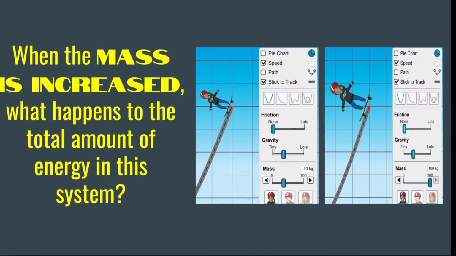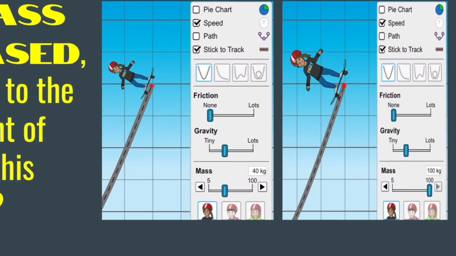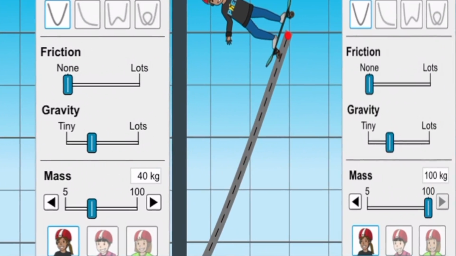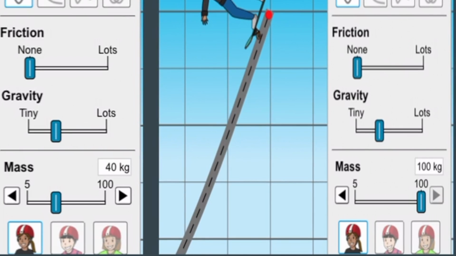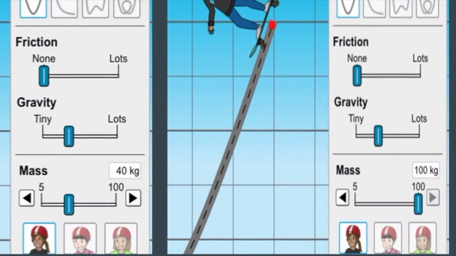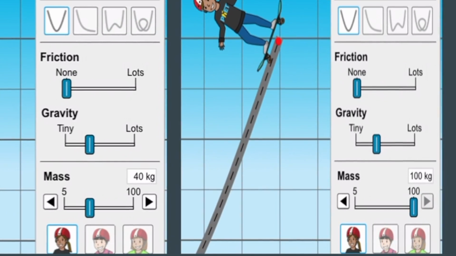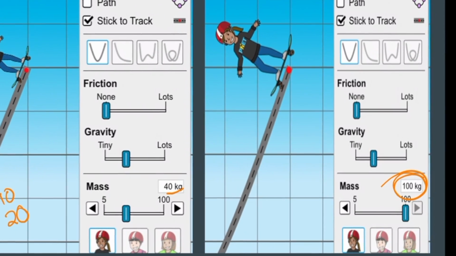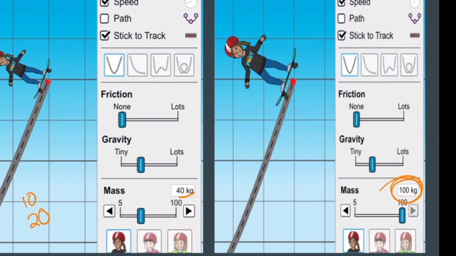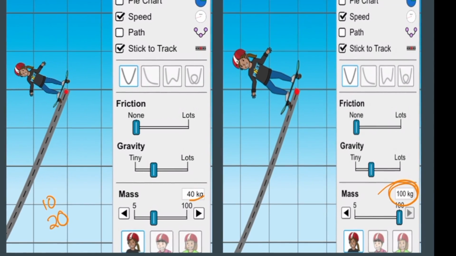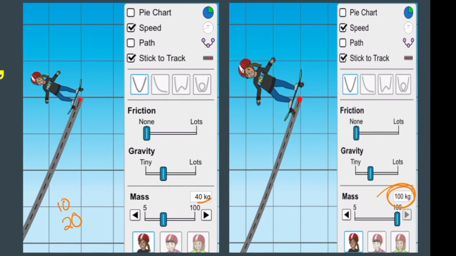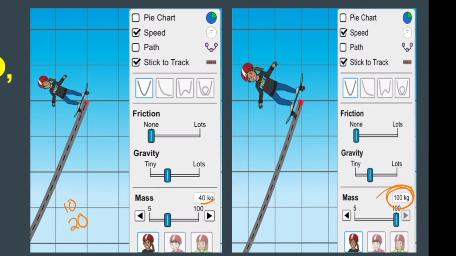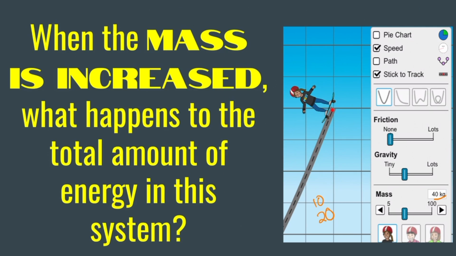And then I would suggest you go up in increments, definitely in lots of 10 or 20 kilos. So 10 kilo, 20 kilo, 30, 40, 50, 60, 70, all the way up to 100 kilo. And if you really want to collect data well, you could even measure it with your measuring tape, but you need to answer the question, when mass is increased, what happens to the total amount of energy?